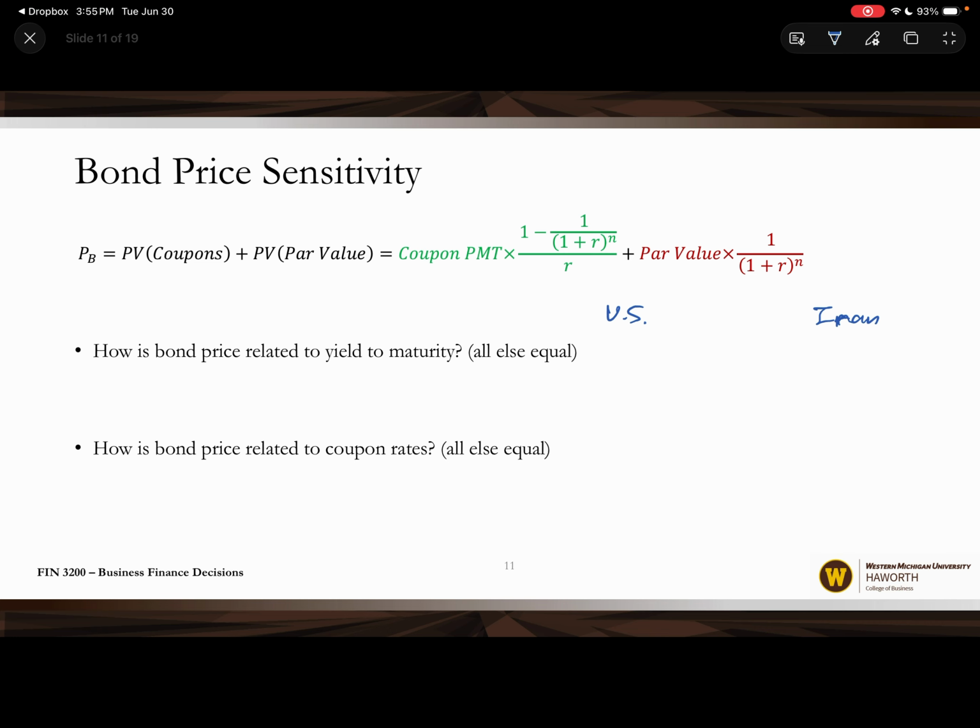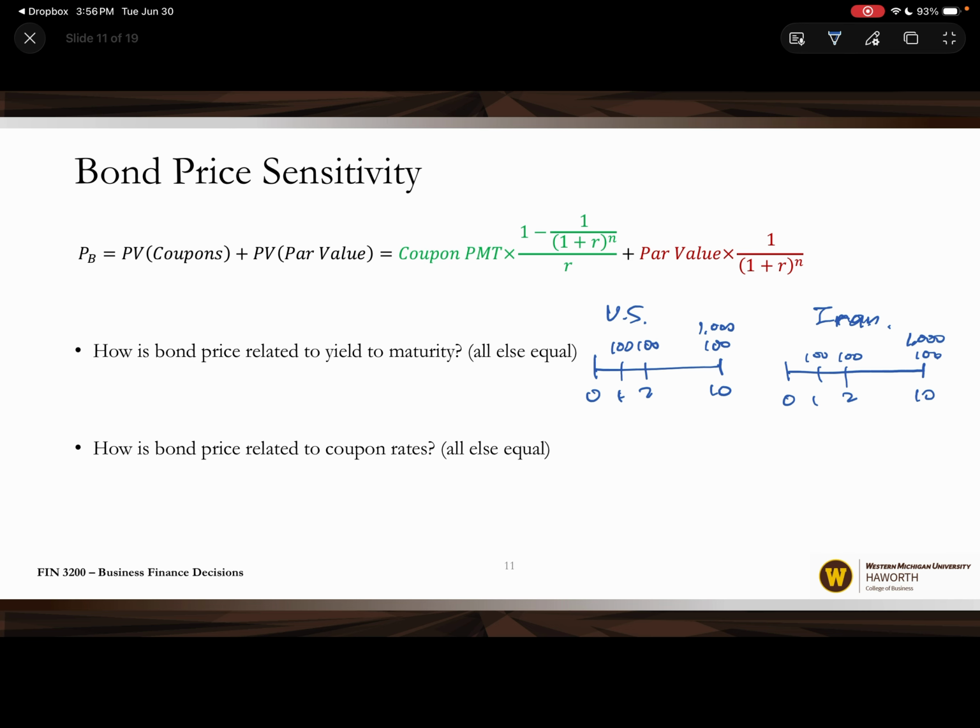Let's say their deal is now $100 every year, and at the end you'll get your par value and another $100. Iran, same thing. They're making the same promise. 10 years, 1,100. Same thing, right?